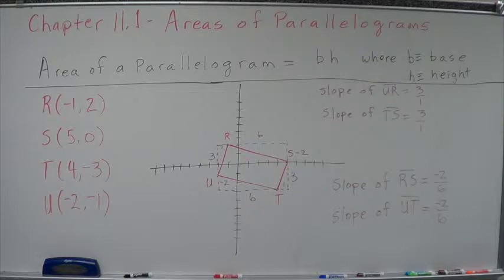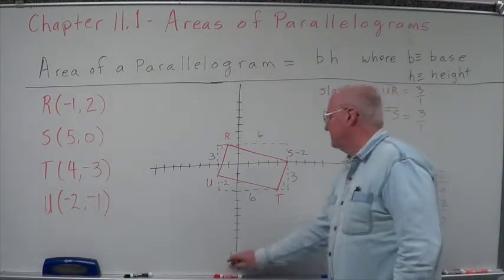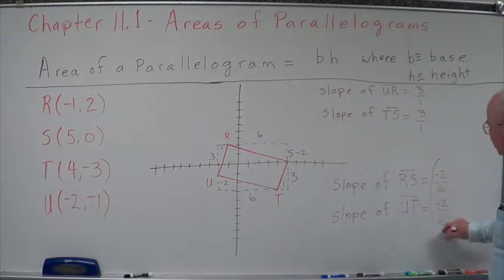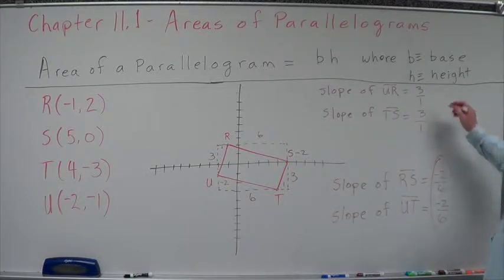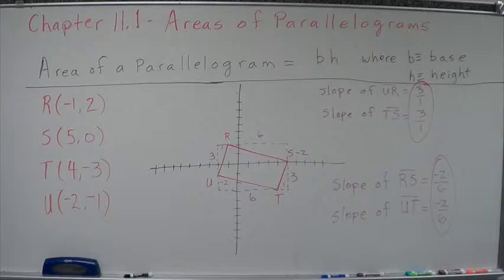Now, let's look at this real close. This right here and this right here. If we multiply those together and we get a -1, what does that mean? Come on, what does that mean?